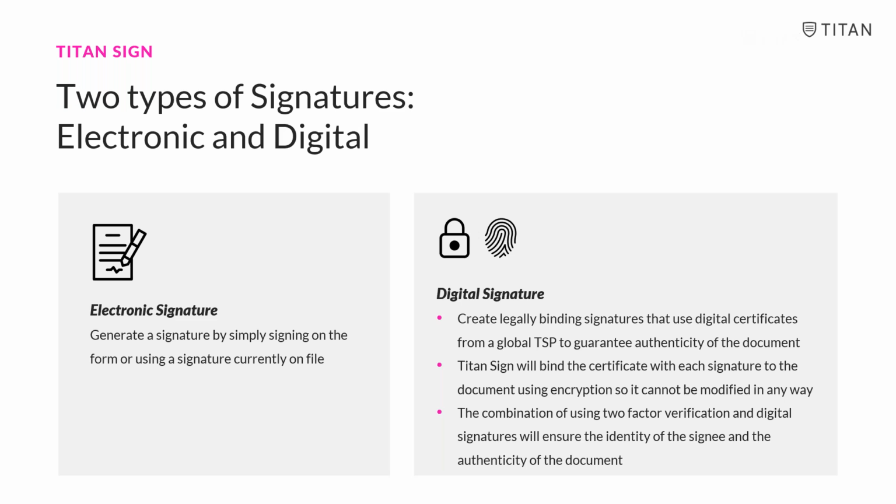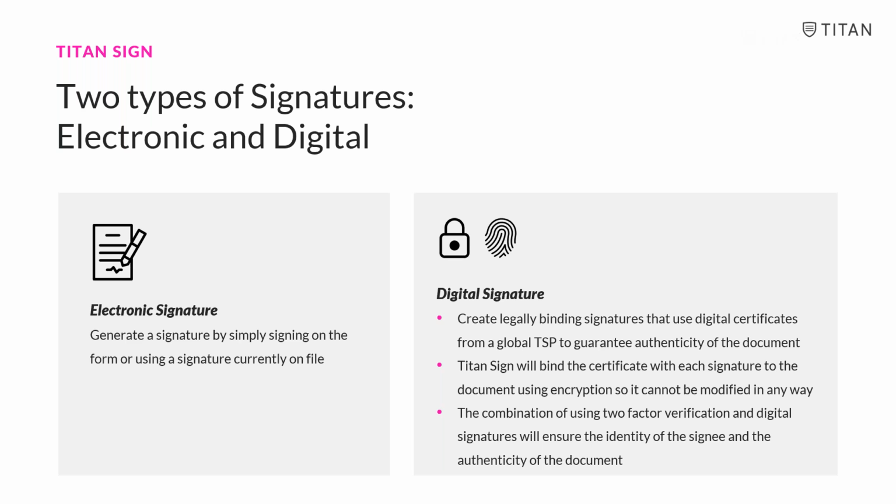The Titan platform provides you with two options for creating signatures across all of our products. The first is electronic signature. This is the method of simply signing on the form or using a signature that is currently on file. Digital signatures allow you to create legally binding signatures that use digital certificates from a global TSP to guarantee authenticity of the document.